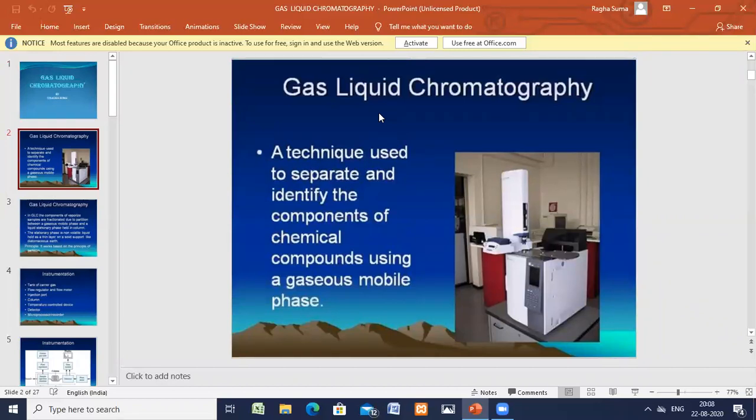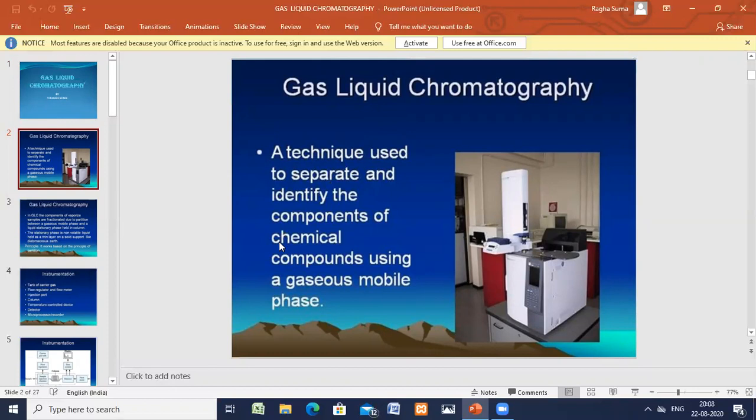It is currently one of the most widely used and powerful techniques for the separation of the components in a mixture of compounds. So it has high speed, extreme sensitivity, and high resolving power. All these are good characteristics of gas liquid chromatography.